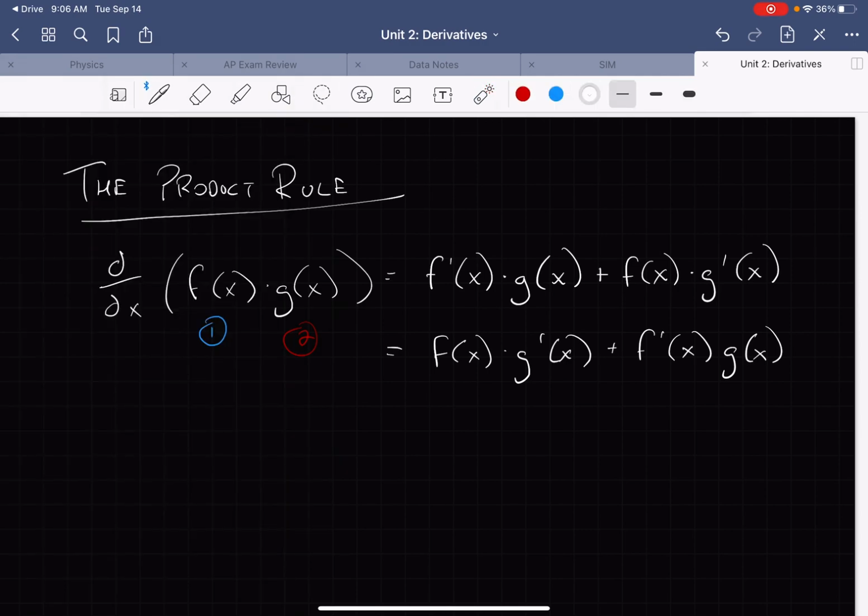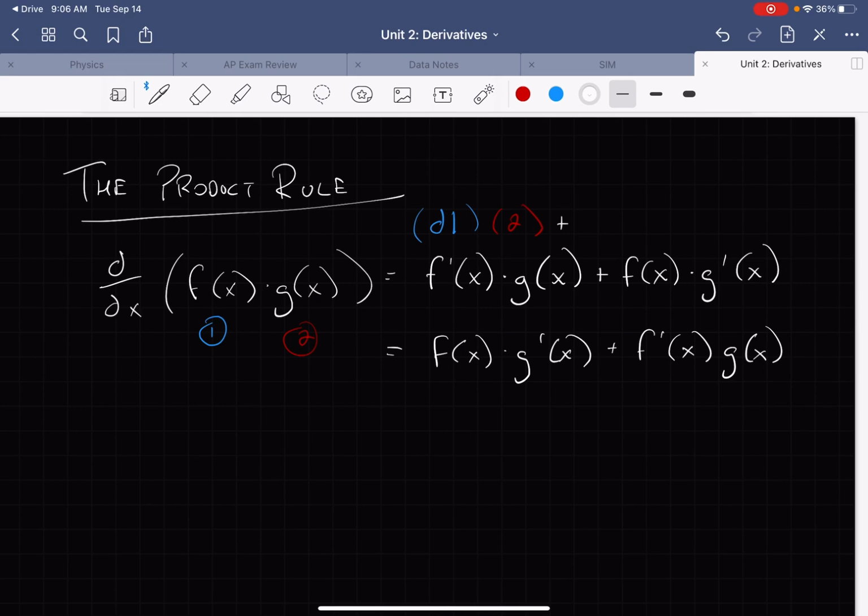So another way to think about it is that if you're taking the derivative of the first function, you could think that, well, f prime was my function 1 in blue. So f prime is my d1. And then I'm multiplying that with my second function unchanged. That's just times function 2.